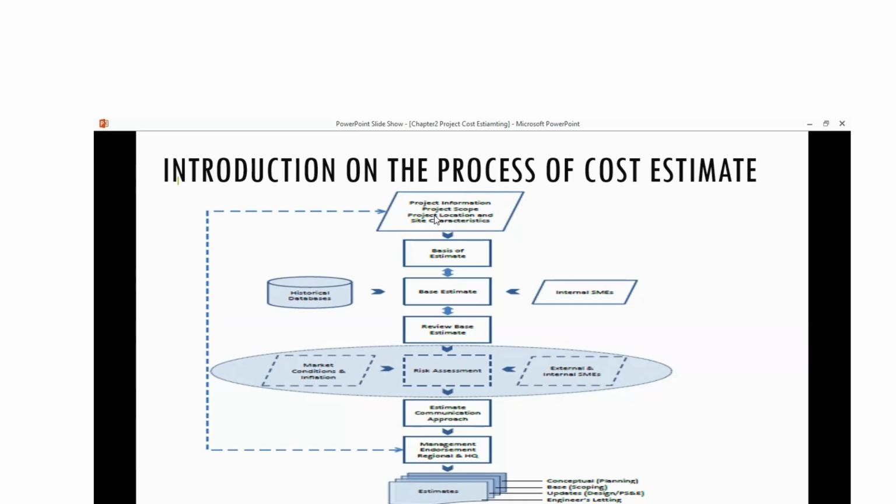As well, I need to know whether I'm going to do it on the premises of my company, or at the customer premises. And as well, the site characteristics. Is the infrastructure of the site furnished, or is it not furnished?